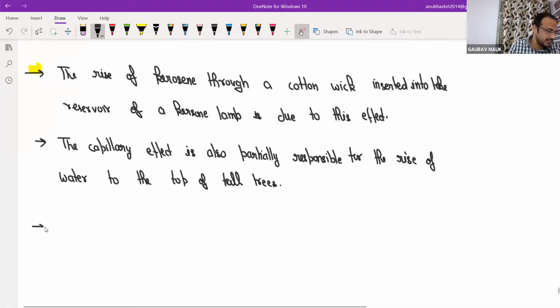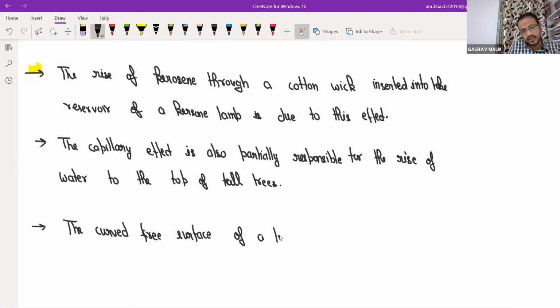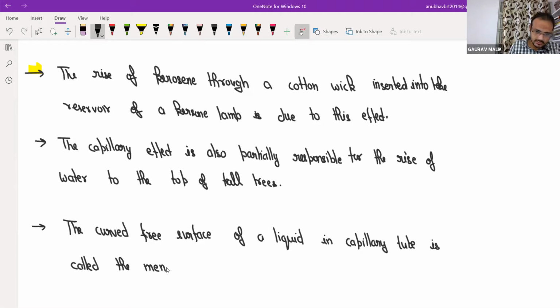What do we mean by meniscus? The curved free surface of a liquid in a capillary tube is called the meniscus.